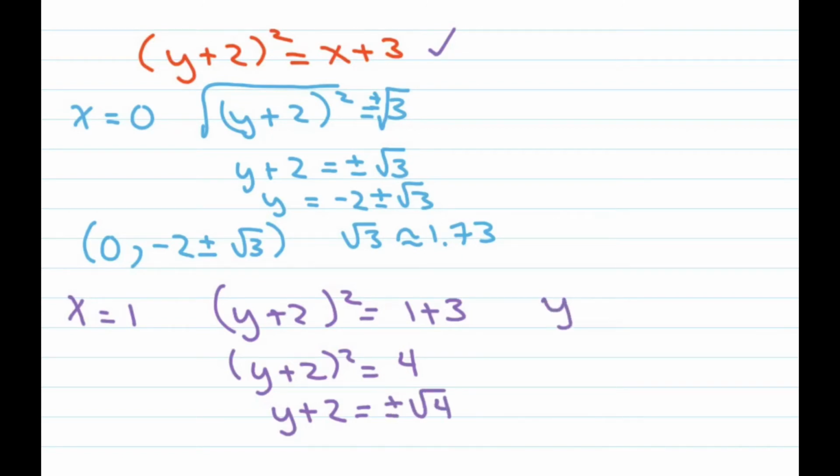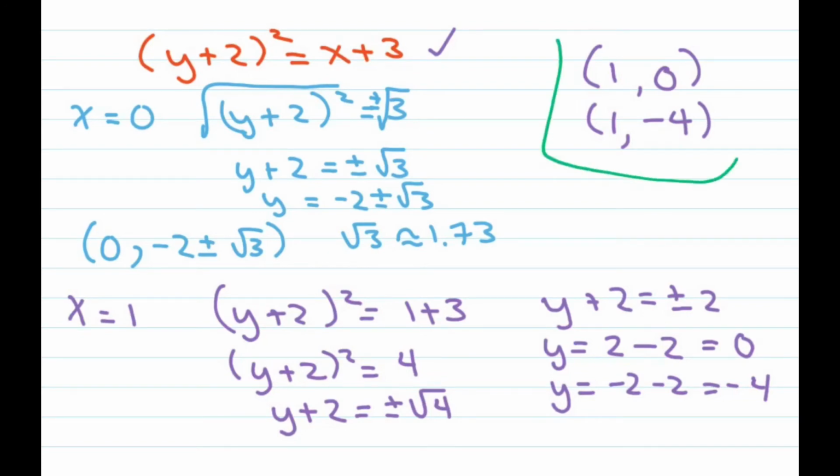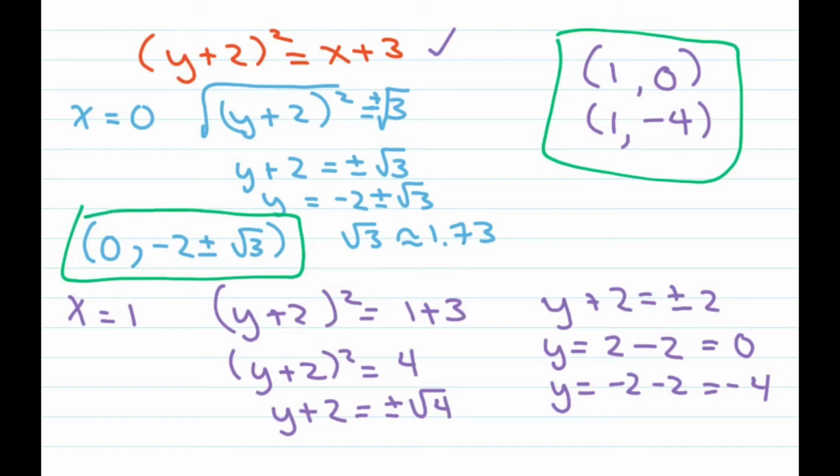So you get y plus 2 equals plus or minus 2. We use the positive 2, and y equals 0. Minus 2, and we get y equals negative 2 minus 2, which equals negative 4. So for that point, when x is 1, we get 1 comma 0 and 1 comma negative 4. So here are our 4 points of intersection. We got 2 here and 2 here. Now let's graph this.